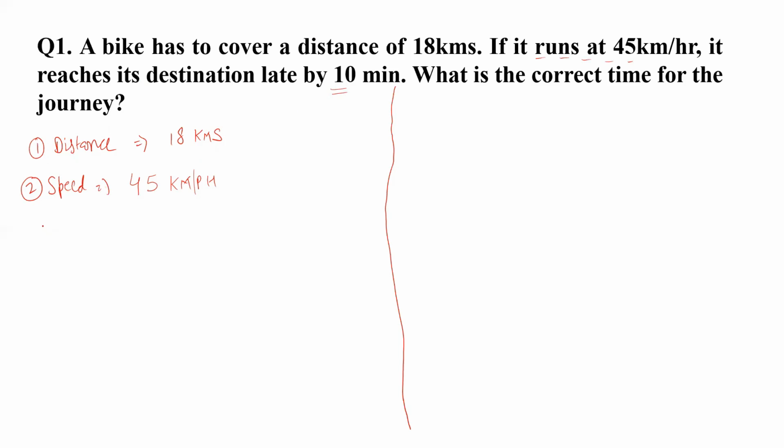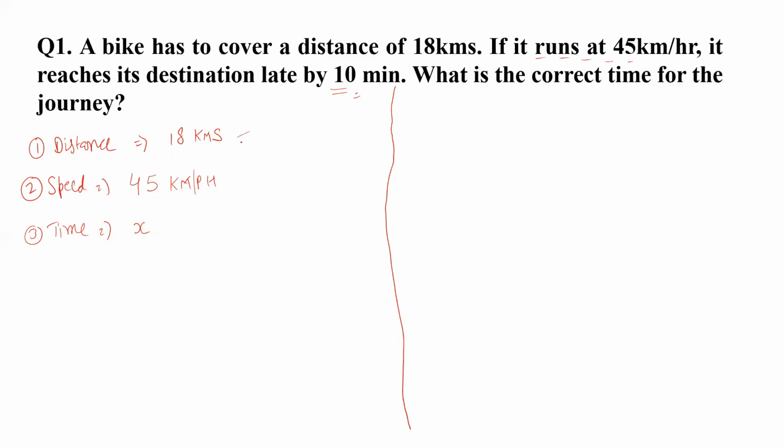This is very obvious, that it's reaching its destination late by 10 minutes. So this is given to us. We don't know about the time. Okay, so we assume that the time is X.